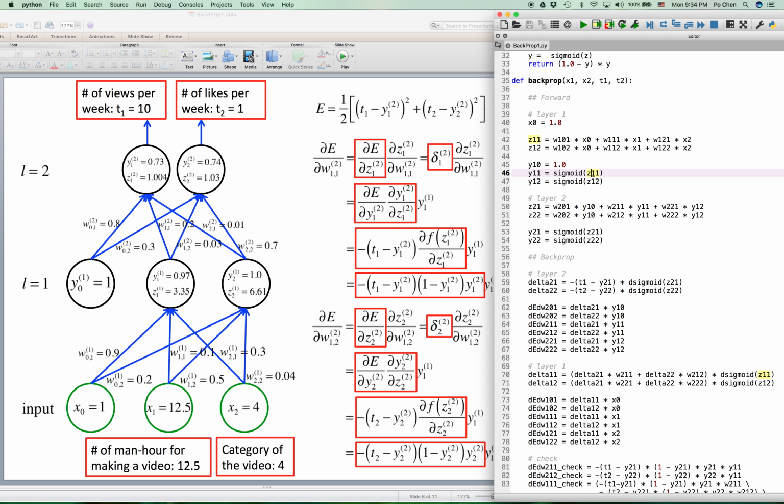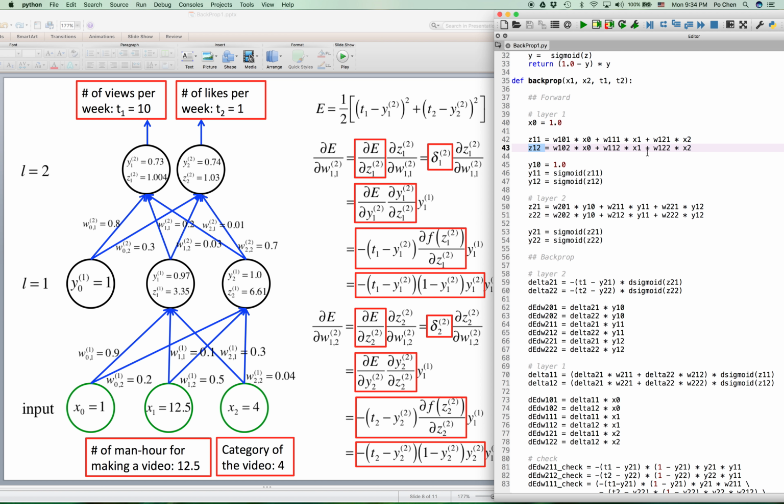And we also computed and stored the values for z12. And y12 is computed in a similar way, except that the weights for computing the logits must be changed to the weights corresponding to the three blue arrows pointing into this particular neuron, right? So it's w102, w112, and w122.